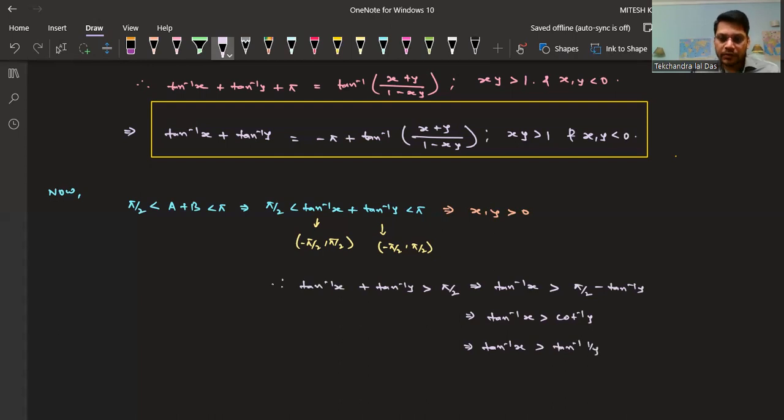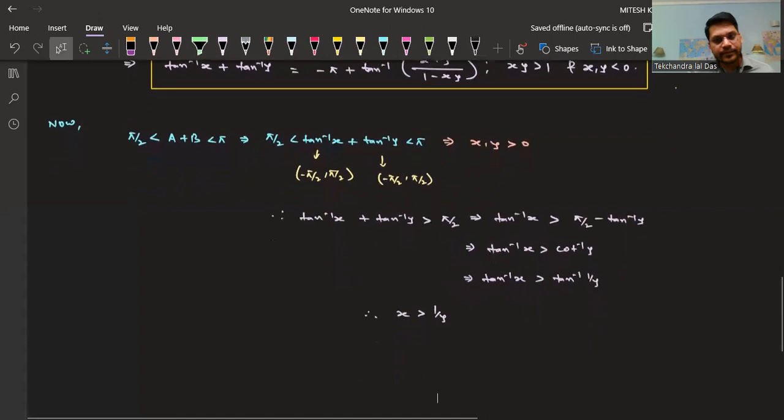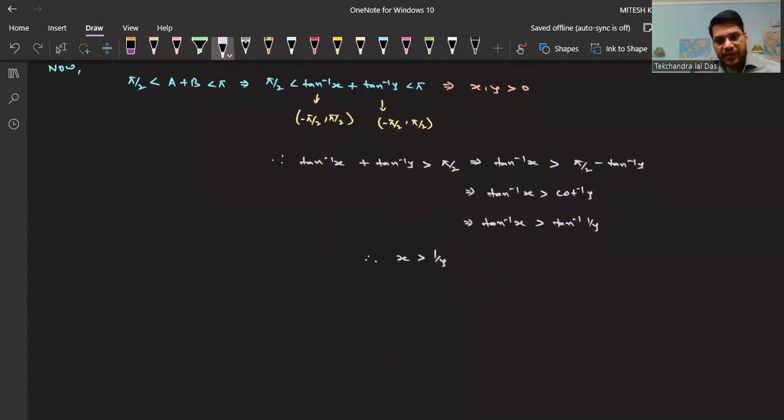Okay, and we know this tan inverse x function is increasing function, so x greater than 1 by y. Clear? Okay, and from here, if you know x and y both are positive, so if you multiply both sides by y, so x into y greater than 1 we'll get again.